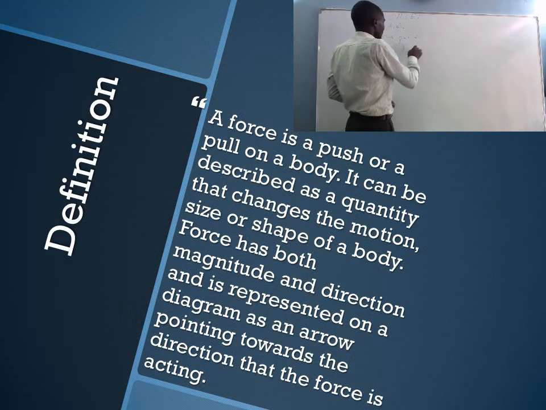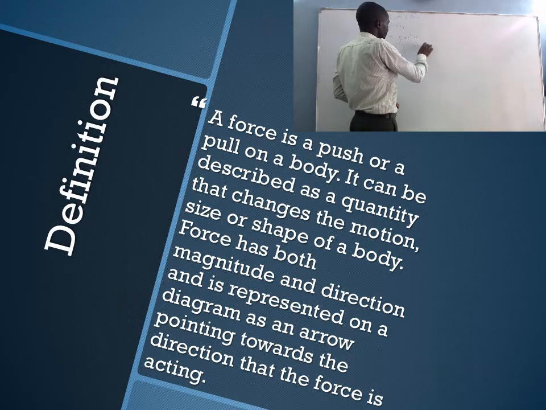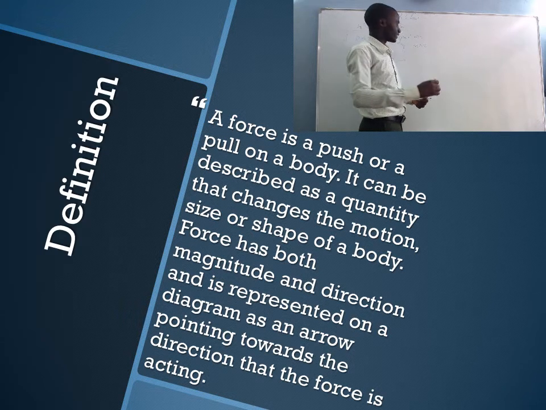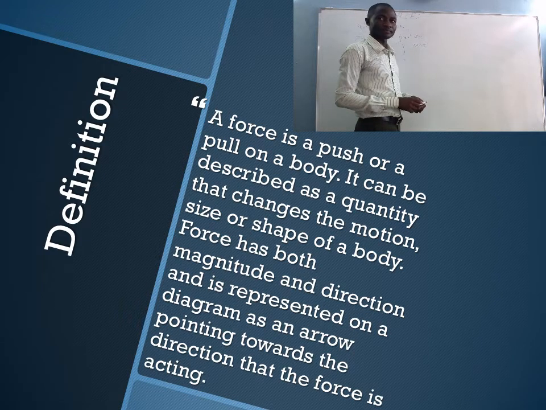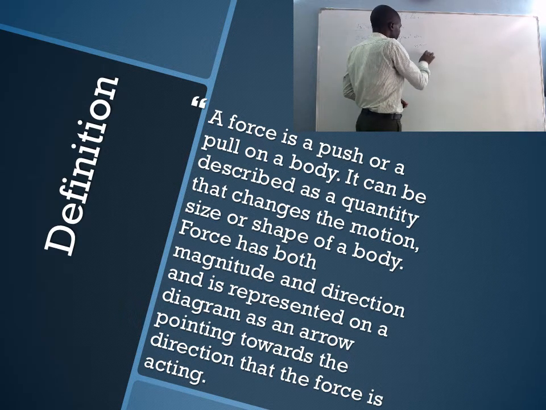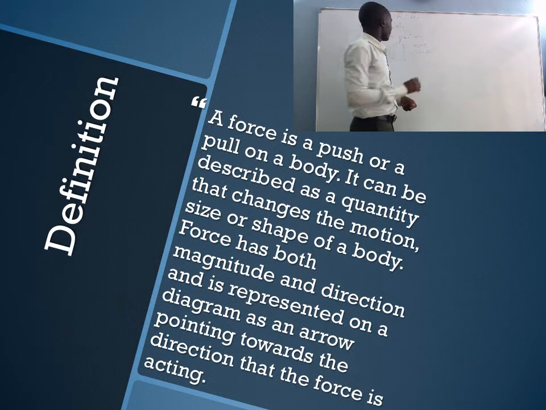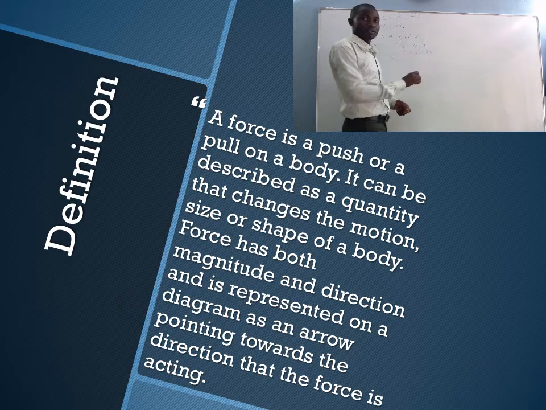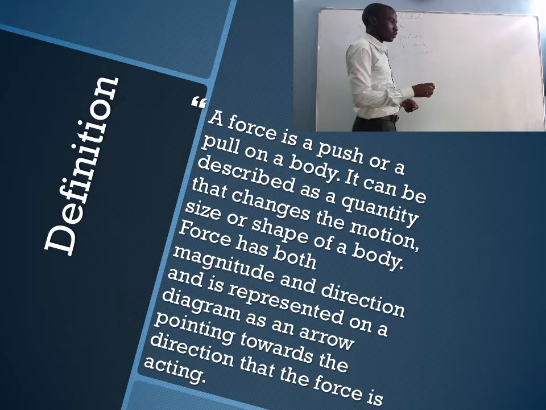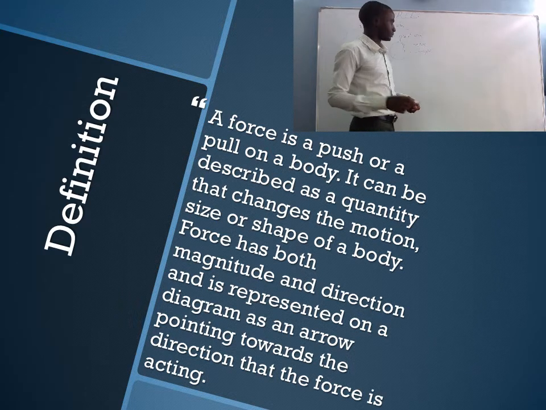One, if it was stationary, it will start moving, and it will move in the direction in which the force is given. Secondly, its shape can change. So, the force applied on the ball has an effect of causing it to move or changing its shape.